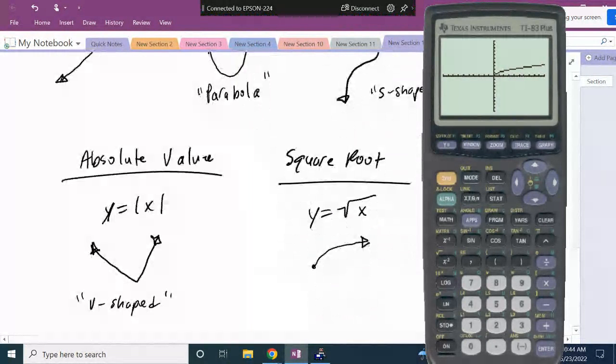As far as continuous graphs, let me explain the difference between a continuous function and a discontinuous function.